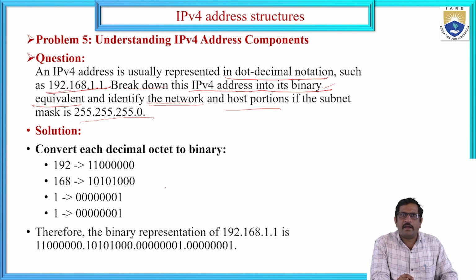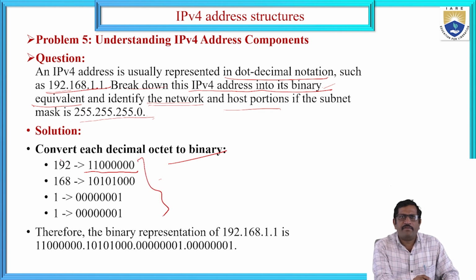Here is the solution. Convert each decimal octet into binary form. So 192 is converted into binary form. The equivalent binary form is 11000000. 168 in binary form is 10101000. And then 00000001. Here is the equivalent binary form for this IP address, because the machine understands only the binary form.